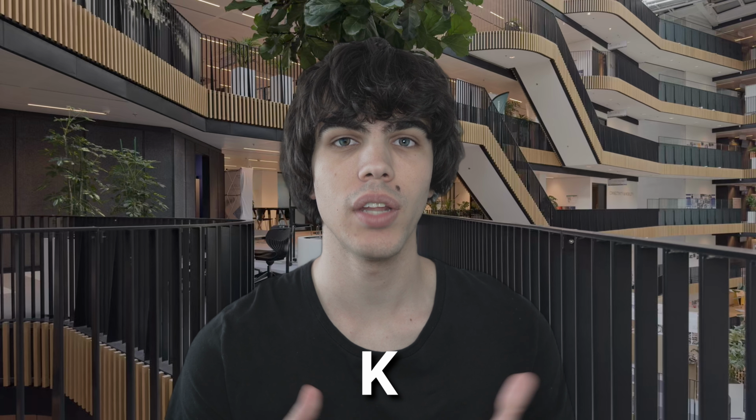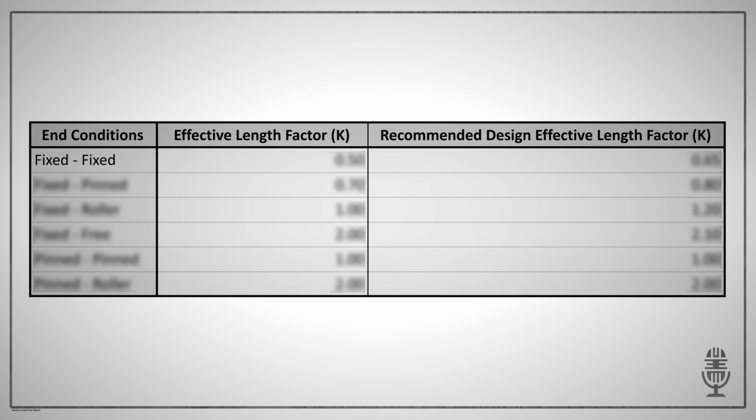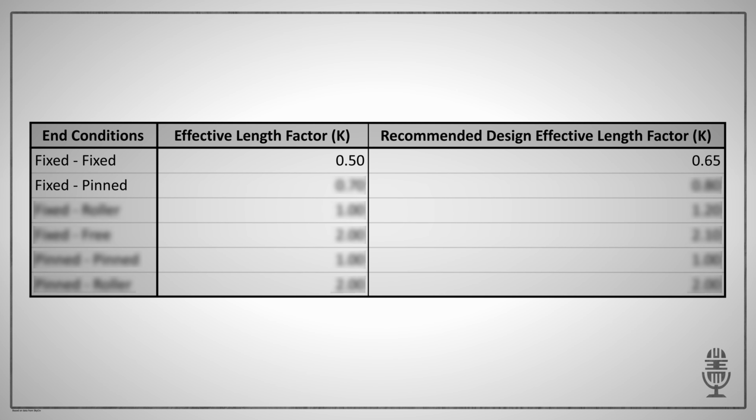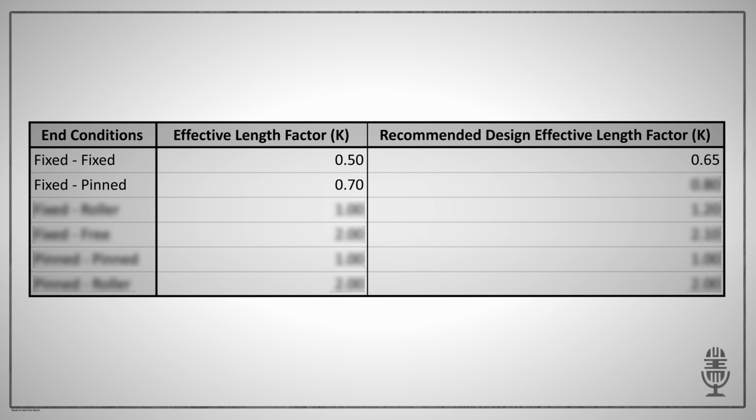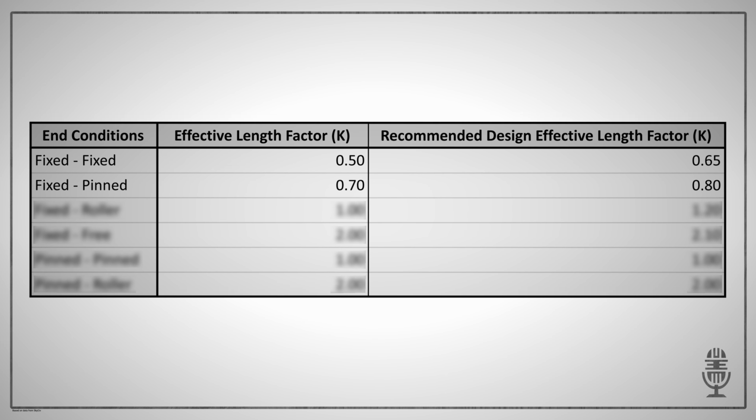Depending on the end conditions, structural elements are assigned an effective length factor K, according to the following table. Fixed to fixed gets an effective length factor of 0.50 with a recommended design effective length factor of 0.65. Fixed to pinned has values of 0.70 and 0.80.